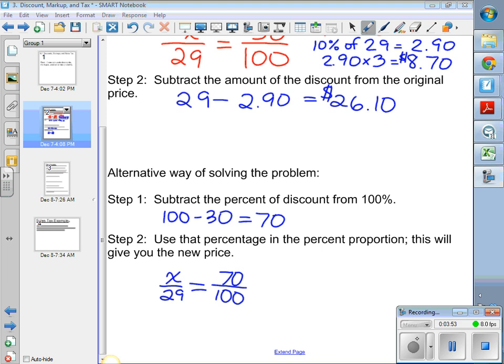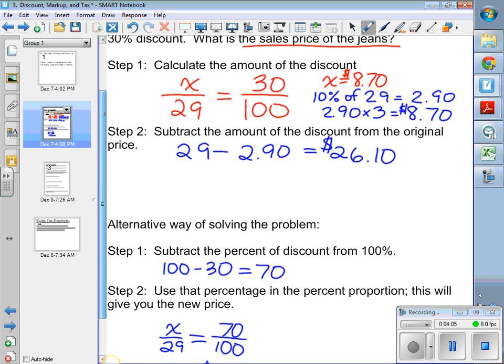So here we get that X is equal to the discount, the new price of the jeans is $20.30, because if you recall, up here, I am supposed to be subtracting $8.70. I hope you guys caught my mistake before I did. I'm supposed to be subtracting $8.70, which is $20.30.